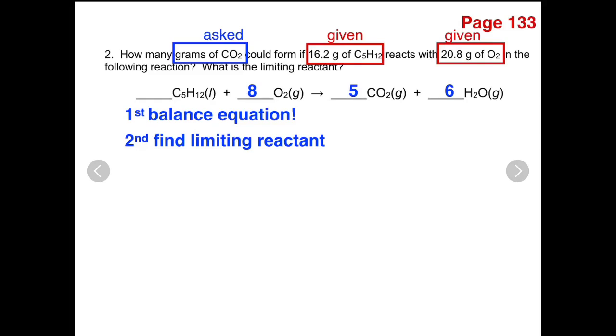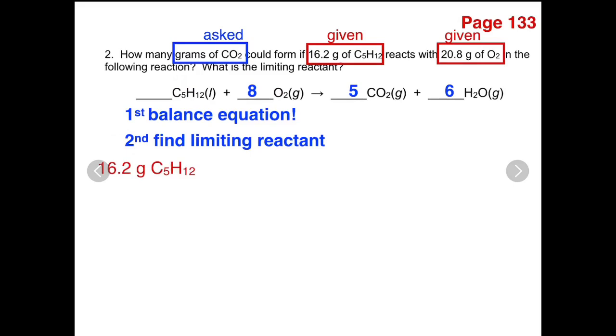Again, in order to find the limiting reactant, we're going to do the same thing that we did previously with the potato salad. You need to set up a calculation for each ingredient. In this case, you set up a calculation for each reactant. Let's start with C5H12, pentane.